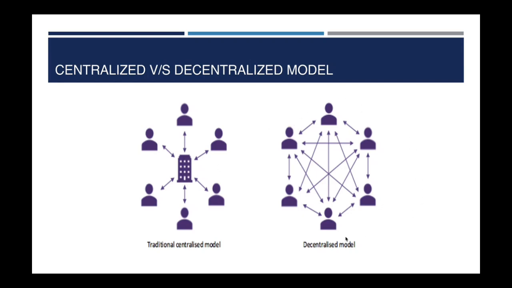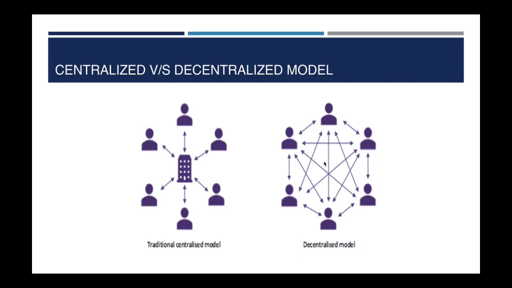As you can see on the right side, which is the decentralized model, there is no single source of authority which is holding your data. Every participant in the network can communicate with every other participant in the network, and doesn't have to depend on one single organization for their data.